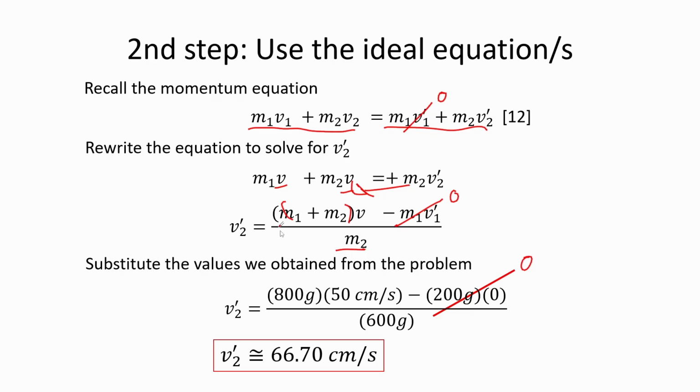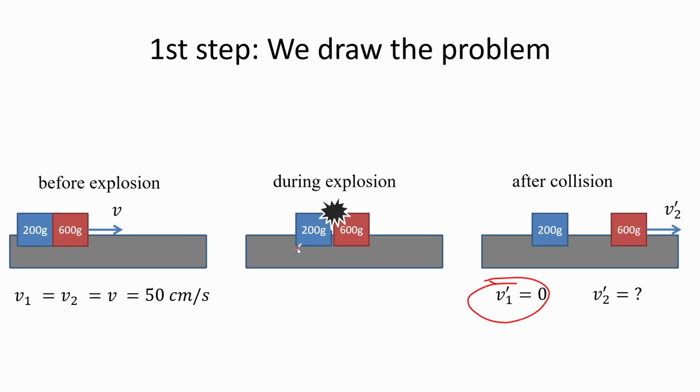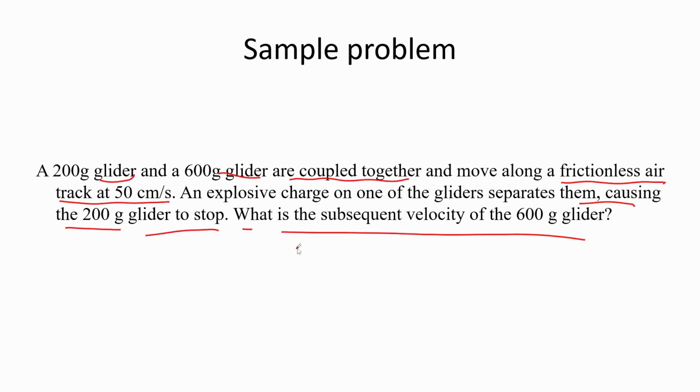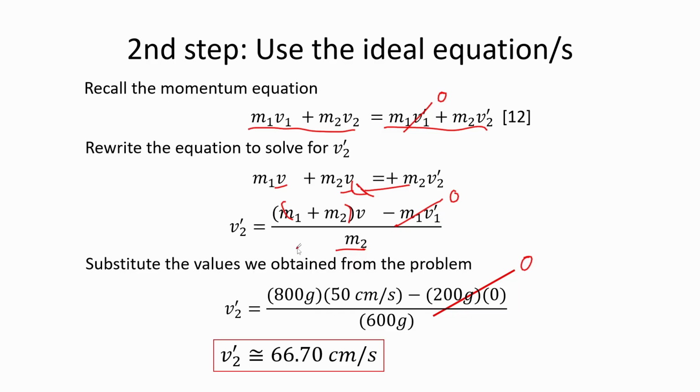So substituting the values, M1 plus M2, which is pila to siya? 600 plus 200 is 800 grams. Then times the initial velocity, 50 centimeters per second, divided by 600 grams. So the grams cancel out and you're left with a velocity unit.